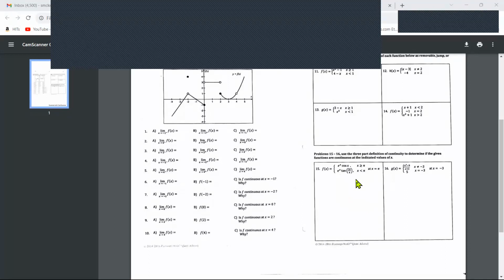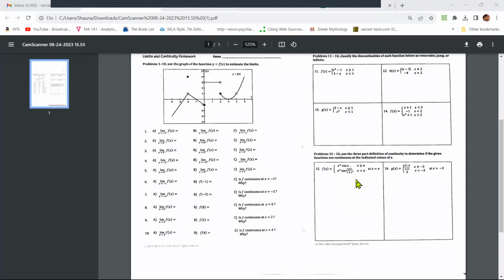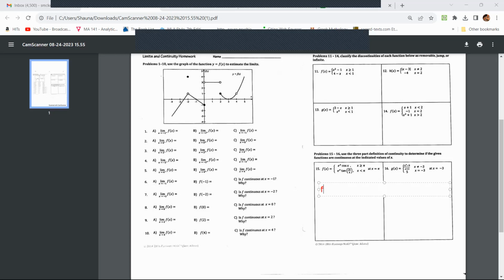In problems 15, 16, use the 3-part definition of continuity. What's the 3-part definition of continuity say? The f value has to be the same as the limit of the function. The first part says f of x exists.